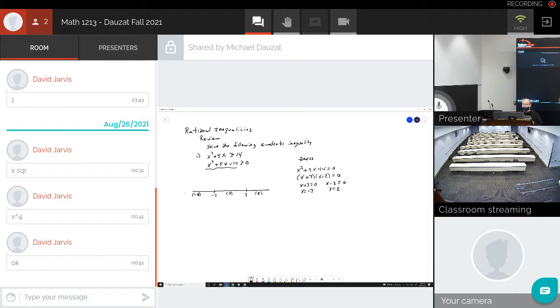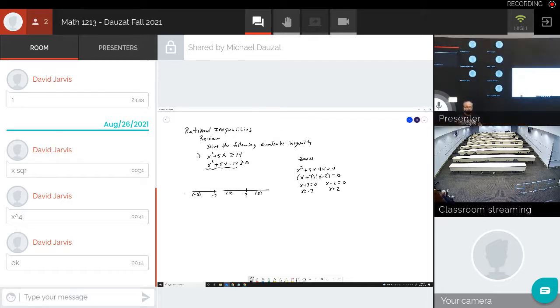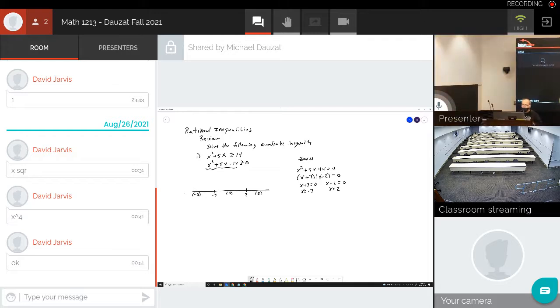So I want the left side to be greater than or equal to 0. What kind of numbers are greater than 0? Positive. So I want to find all the values of x that will make this expression positive.